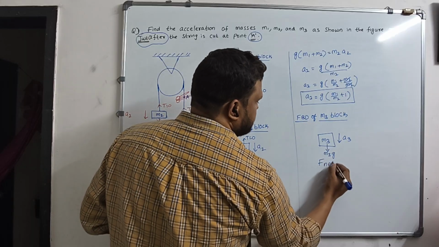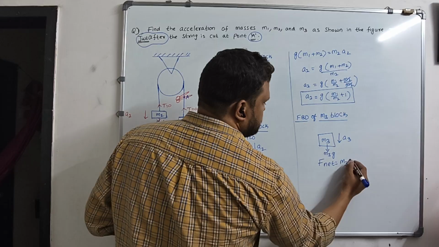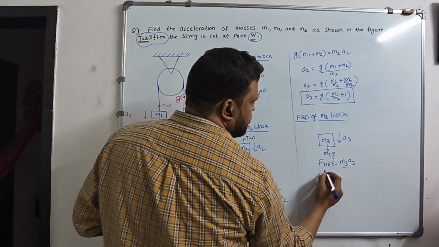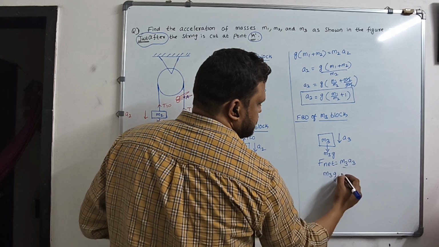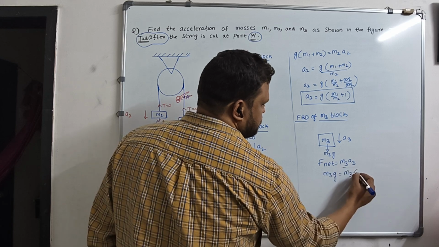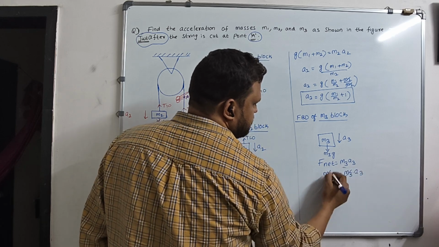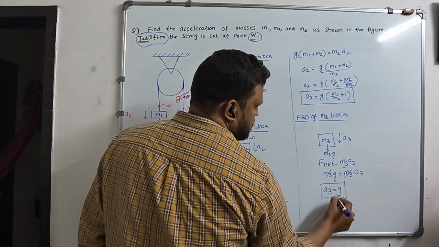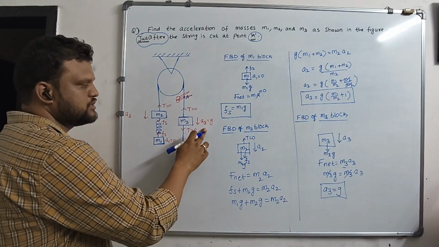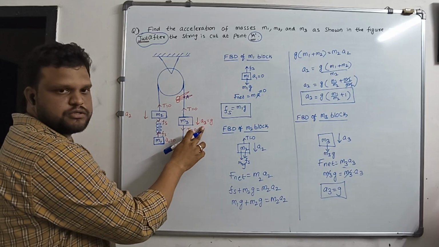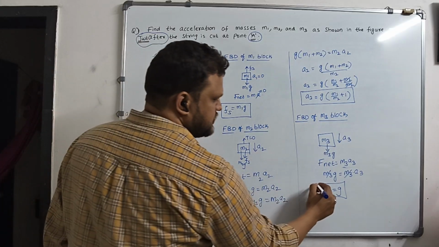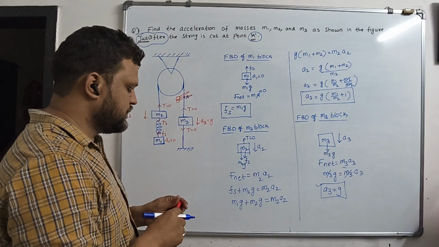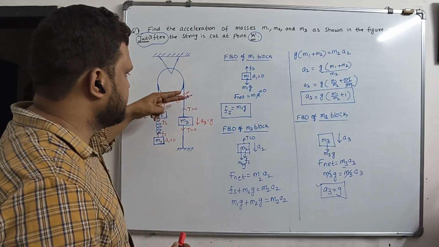Again, if you write F net equals mass times acceleration, with mass M3 and acceleration A3, F net is nothing but M3g, which equals M3 times A3. If we cancel M3 on both sides, A3 equals g, which is what we said before by intuition, and mathematically also A3 equals g.